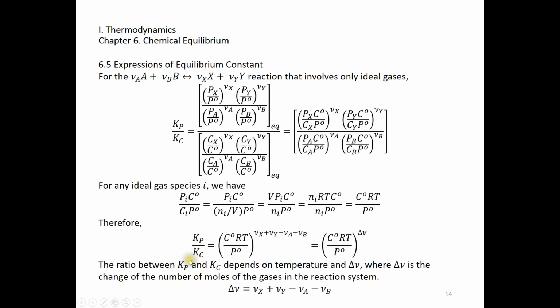The ratio between Kp and Kc depends on the temperature, as you can see temperature here, and also depends on delta nu. Again, delta nu is the change of the stoichiometric coefficients in this chemical reaction. And in this chemical reaction, remember, we have only ideal gases. And now we have nu sub x plus nu sub y minus nu sub A minus nu sub B.